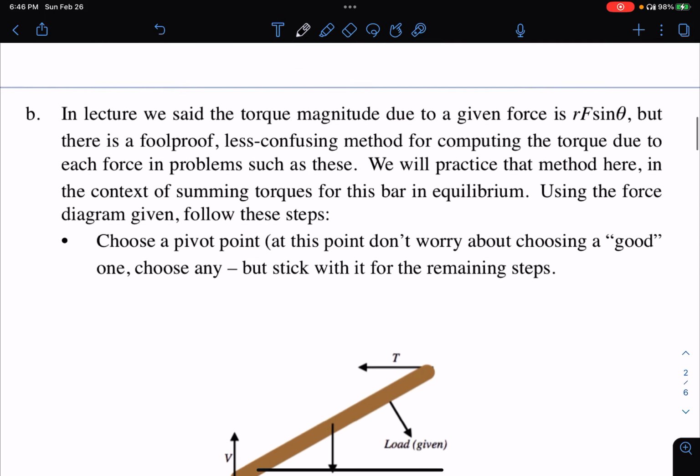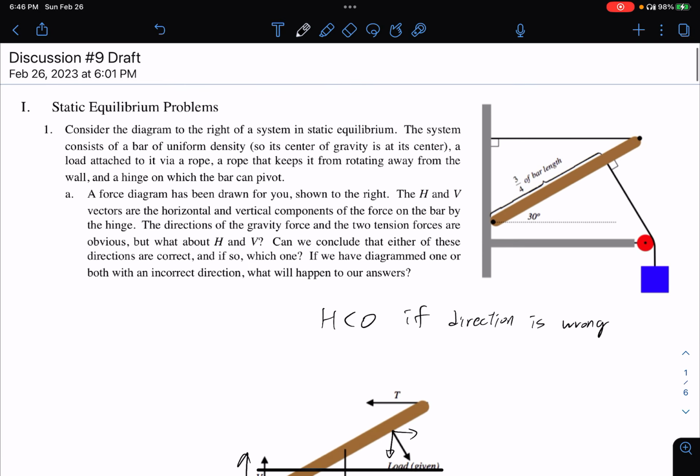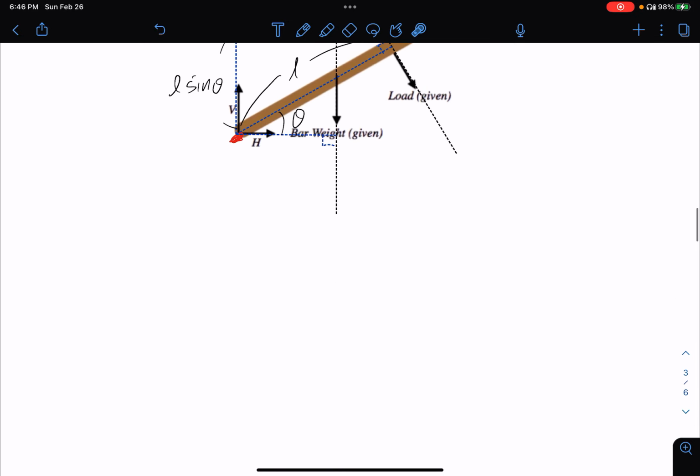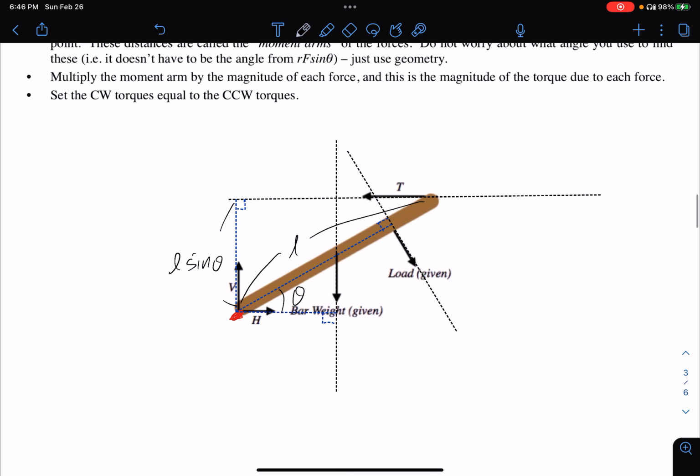The load is tied at 3/4 of the bar, so the moment arm of this load will be 3/4 L, and the moment arm of here will be half L times cosine theta, because it is acting on the center of the rod.